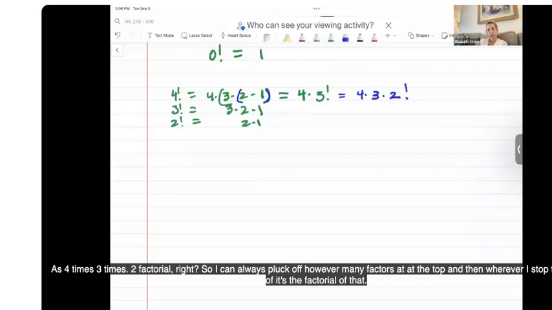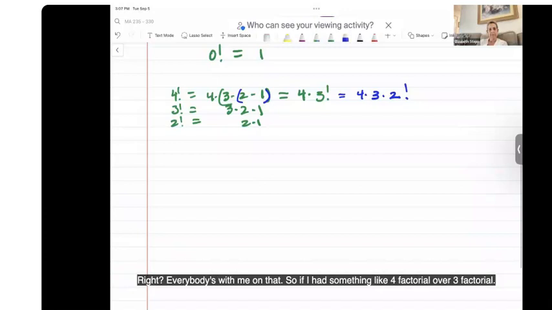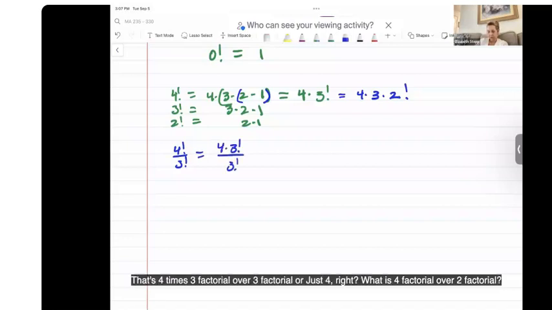So I can always pluck off however many factors at the top, and then wherever I stop, the rest of it is the factorial of that. Everybody's with me on that? So if I had something like 4 factorial over 3 factorial, that's 4 times 3 factorial over 3 factorial, or just 4.